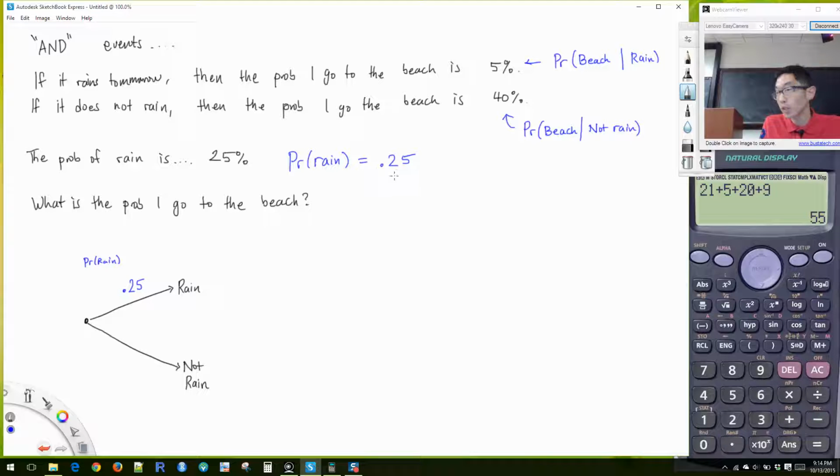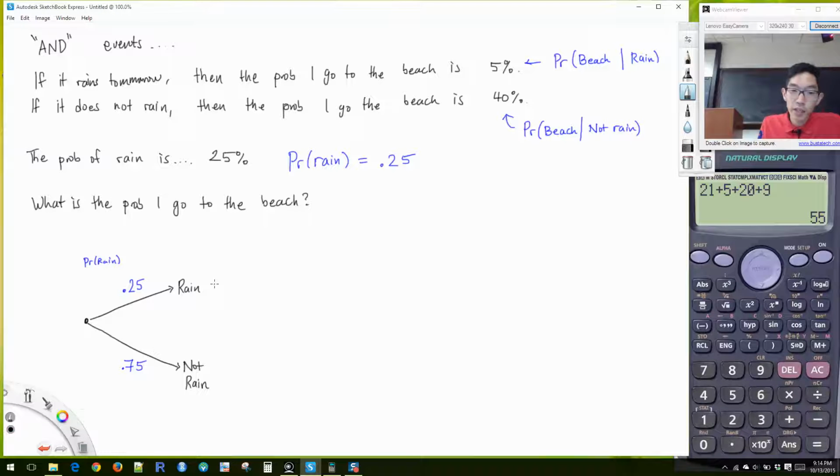Which means what's the probability that it doesn't rain? 0.75, because it's either going to rain or it's not going to rain. If the chance of rain is 25%, the chance it doesn't rain is 75%, 0.75. Everything so far so good?